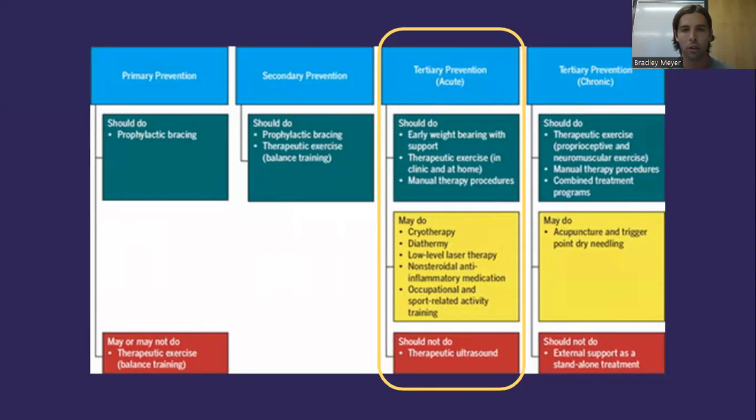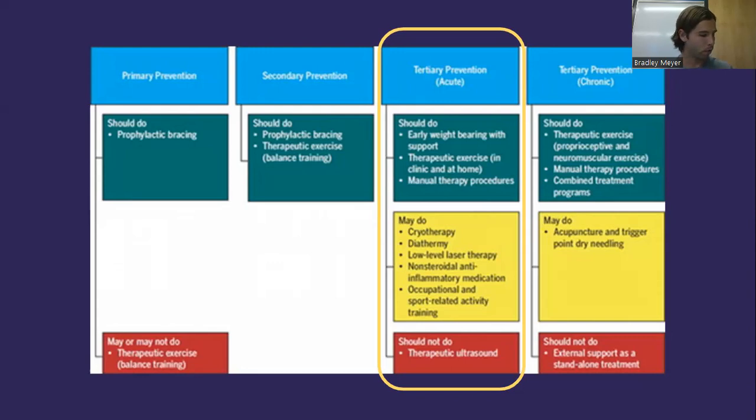The green is what clinicians should do, yellow is it's okay for clinicians to use these, and red is what clinicians should not use. So early weight bearing with support, so some kind of bracing, therapeutic exercise, and manual therapy. And then a lot of those modalities is what's in that yellow box that clinicians can do.